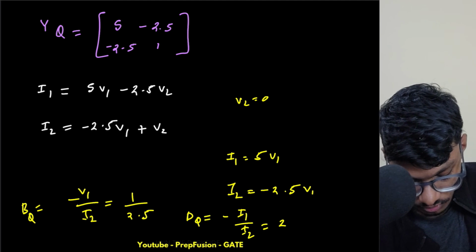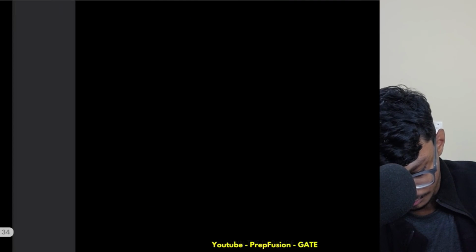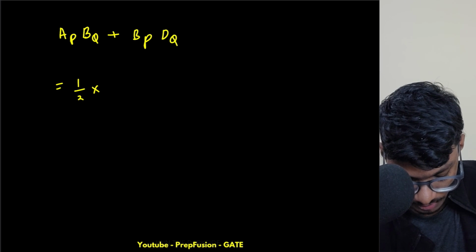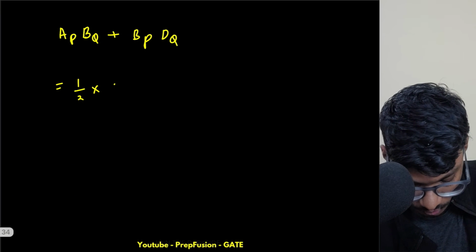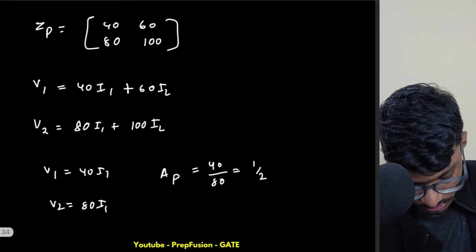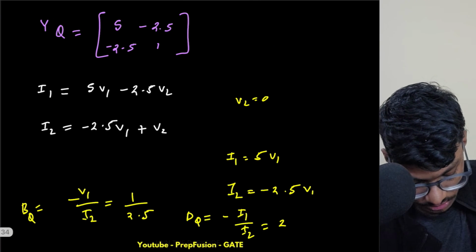Okay, so now what will be your answer? Your answer is AP into BQ plus BP into DQ. So AP is 1 by 2, BQ is 0.4, 1 by 2.5 is 0.4, plus BP is minus 10, and your DQ is 2.